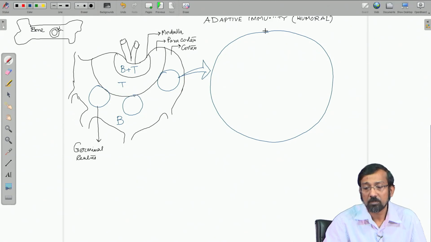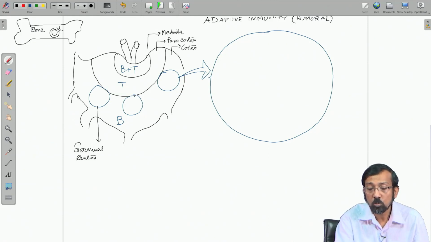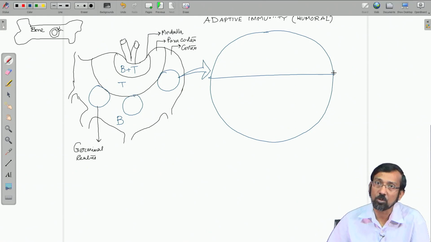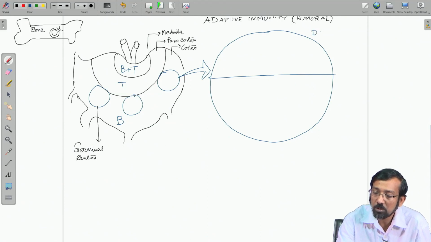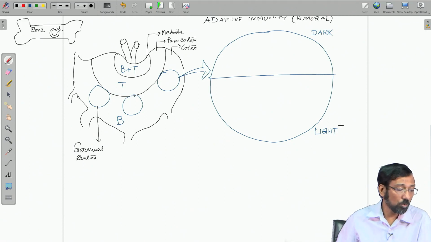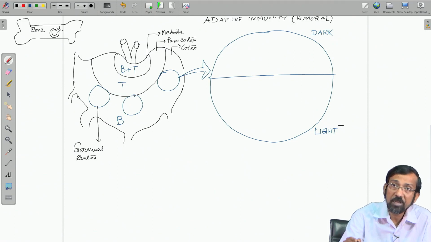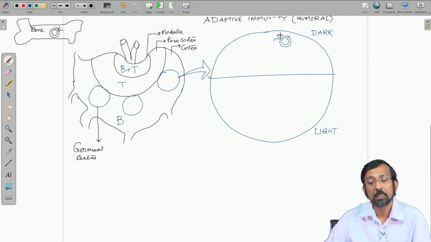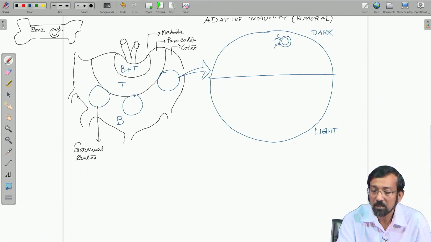This germinal center can again have two zones, which we call the dark zone and the light zone. Inside the dark zone, these mature B cells, already expressing IgM on their surface, interact with the antigens.